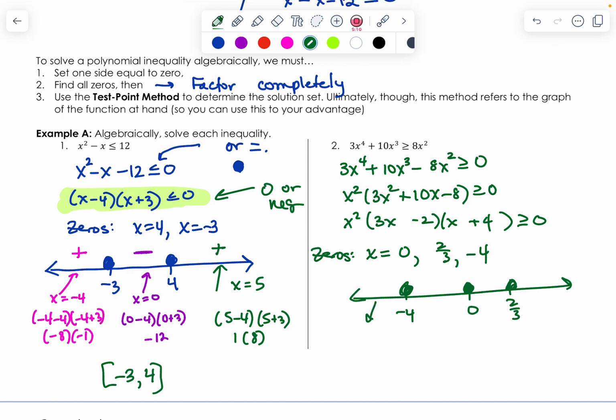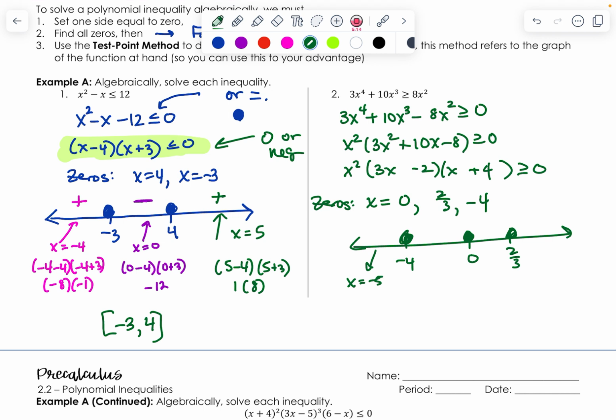And then all you're doing is, so let's pick -5. Okay, I'm picking -5. So -5 squared, 3 times -5 minus 2, -5 plus 4. So I'm like, that's a positive times a negative times a negative. So that's positive. I don't really care what the numbers are. I care whether my output is positive or negative. So let's try -1. So that's -1 squared.